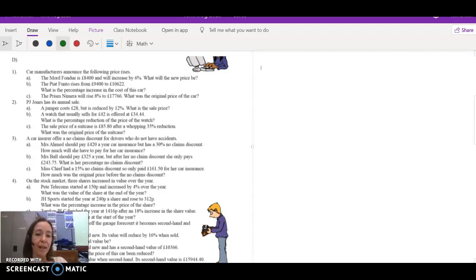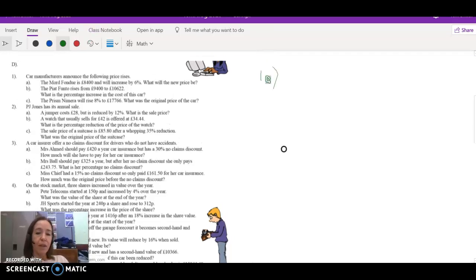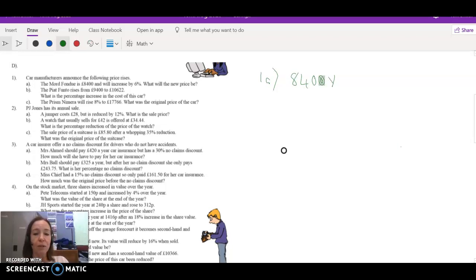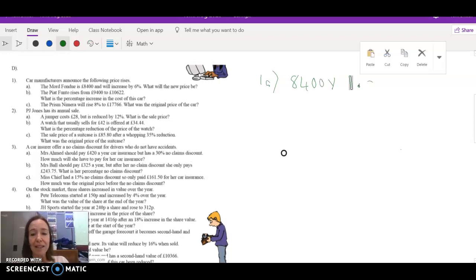Question 1a. The question states that a Maud fondue is £8,400 and will increase by 6%. So in other words, we are trying to find the new amount. So we're going to start just with our 8,400 and we're going to multiply that by the full 100% plus the extra 6%.